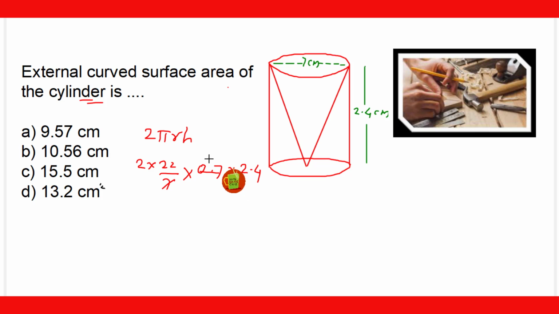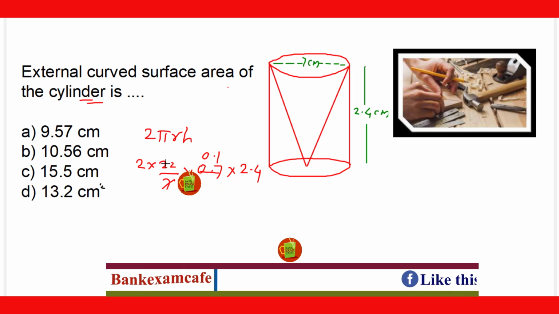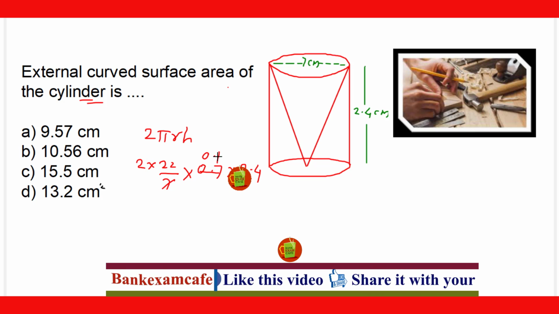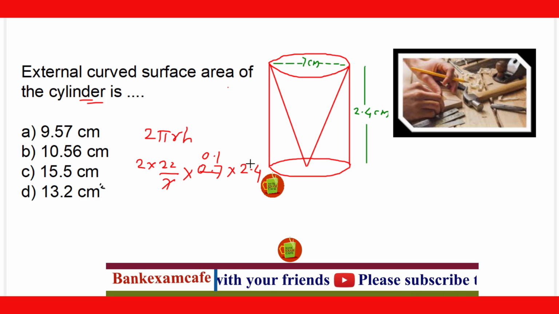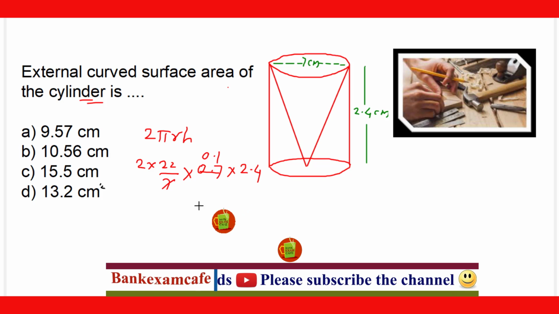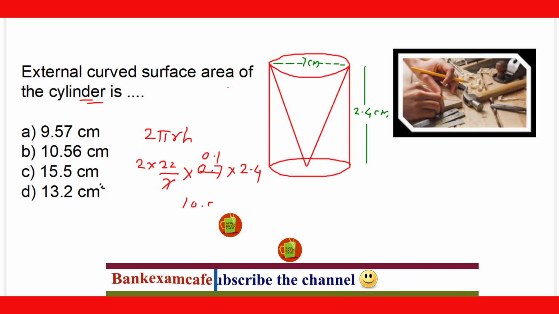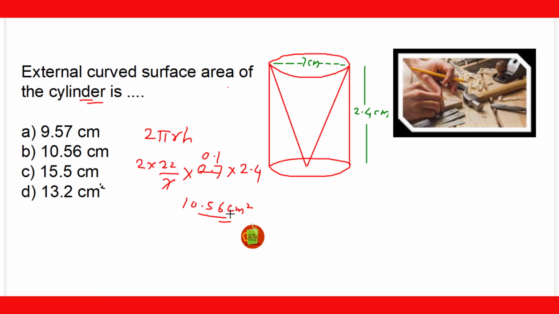So 7 ones are 7, 0.1. 22 into 2 is 44, 44 into 0.1 is 4.4, and 4.4 into 2.4 is equal to 10.56 square centimeter. Therefore the external curved surface area is 10.56 square centimeter, and the B option is the correct option.